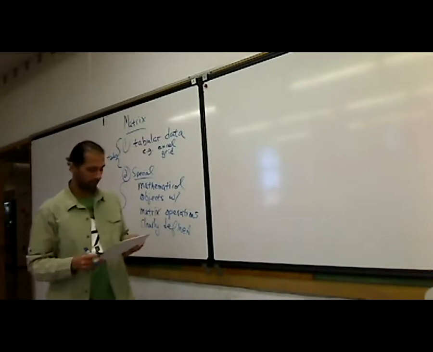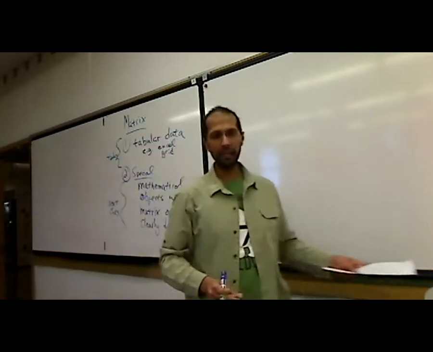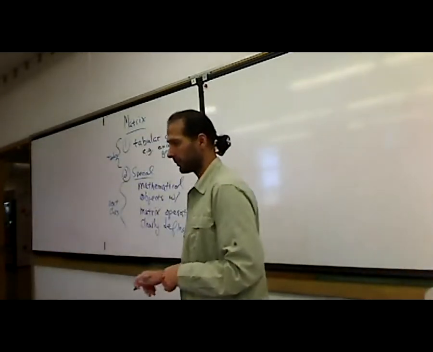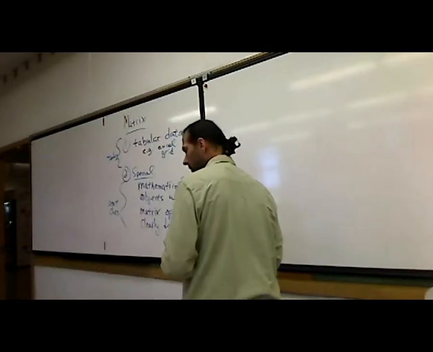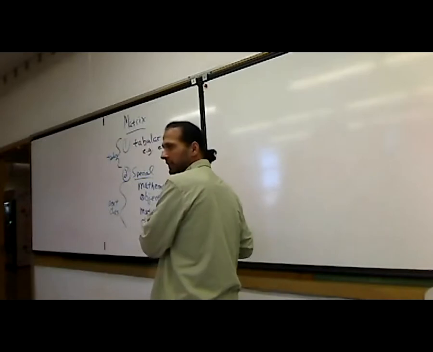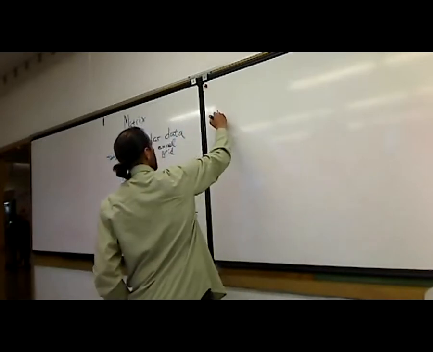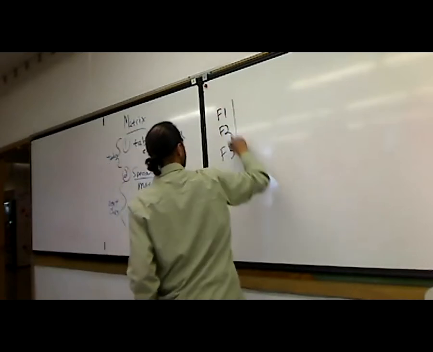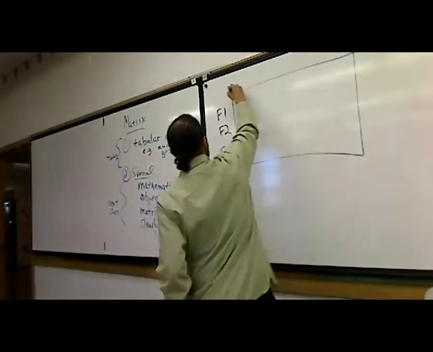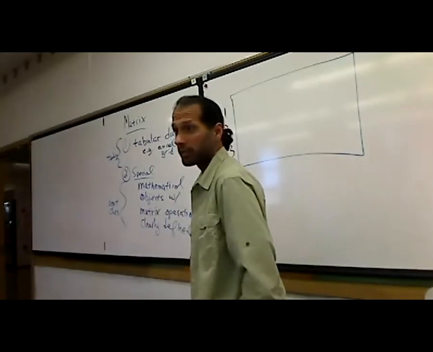Good with that? All right, so let's start with a concrete example of tabular data. We'll use the one the book gives. Han gives this example: assume you have a bunch of factories. We'll call them factory 1, factory 2, and factory 3. And you have a bunch of stores.